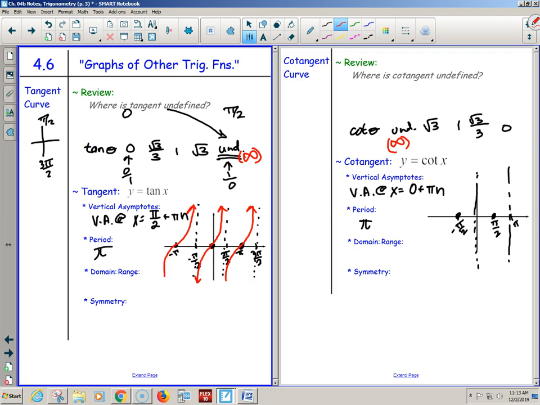So I can talk about his domain and range, because for the domain, x can't equal any of those vertical asymptotes. But the y, well, he goes forever high, forever low. So if I was doing intervals, you guys remember how to do intervals with forever low, forever high? How low does he go? Negative, careful. And then how high does he go?